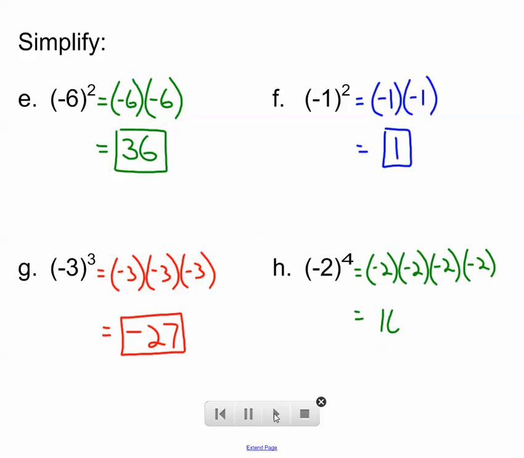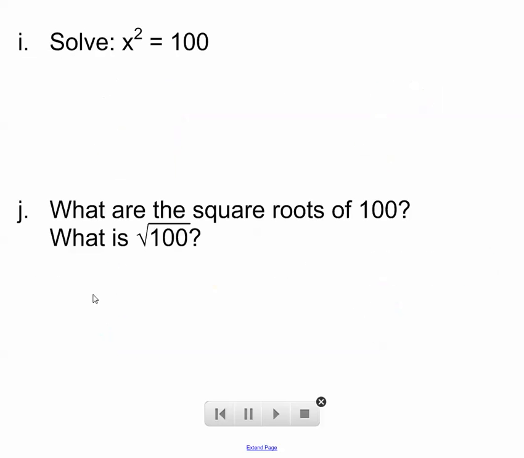So our answer is +16. Okay, so exponents are just repeated multiplication. So watch those exponents, and really the only time you have to focus on whether the answer is negative or positive is when your base is negative, and all these have negative bases. -6, -1, -3, -2.